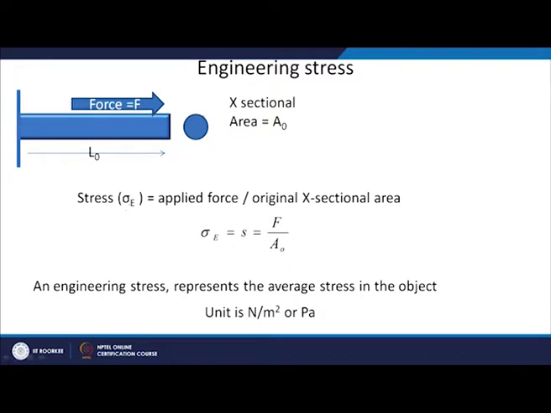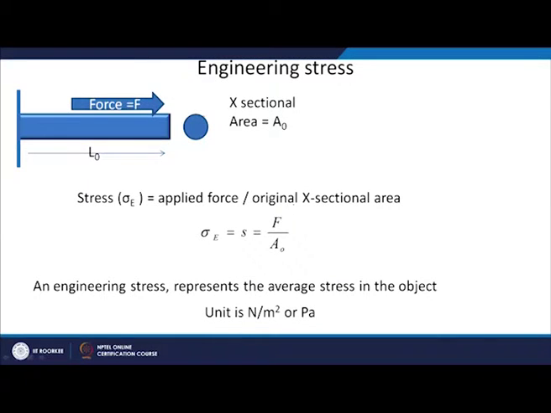Then the engineering stress, denoted by sigma E, is the applied force divided by the original cross sectional area. The force can be applied, or it can be the response of the material to the deformation. If you deform the material, the response of the material can be in the form of a resisting force or resisting stress. So force divided by the original cross sectional area gives you the engineering stress.